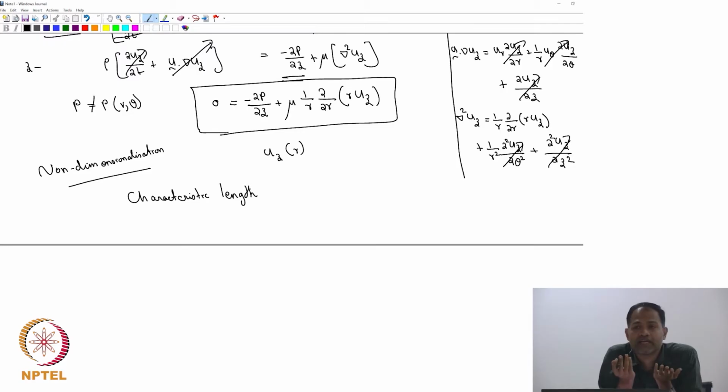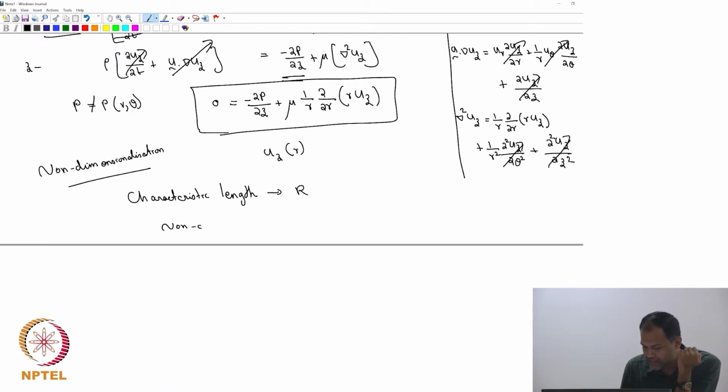Radius. It could be radius or it could be diameter, whichever you want. Let us just choose radius. So, let us choose the characteristic length as the radius of the pipe. Then we will define a non-dimensional radius, R star is equal to r divided by capital R.